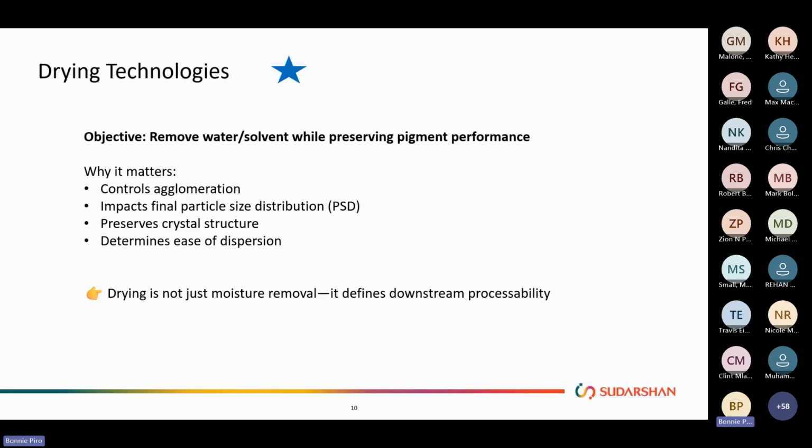So, as I say here, drying is not just moisture removal. It defines that downstream processability. And again, it goes back to that comment I made that drying is probably one of the most important parts of the finishing that we have to take into account.